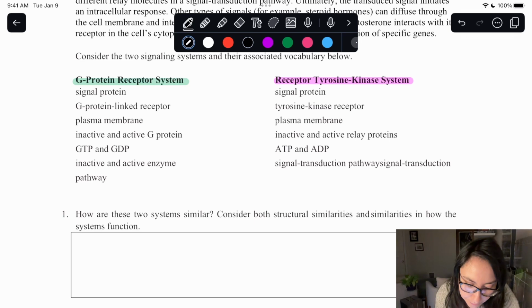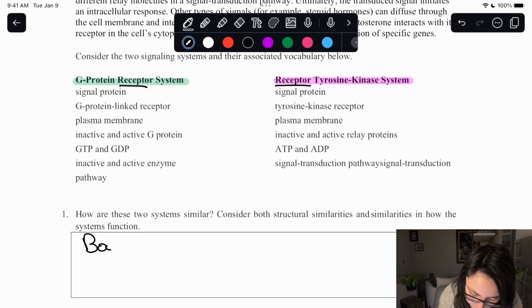Well, the main thing with both of these is that they are receptors, and you can even see it in the name here. There's a receptor word, there's a receptor word, and what does that mean? It means that both of these receptor proteins are first bound in the cell's membrane. That's the first thing.